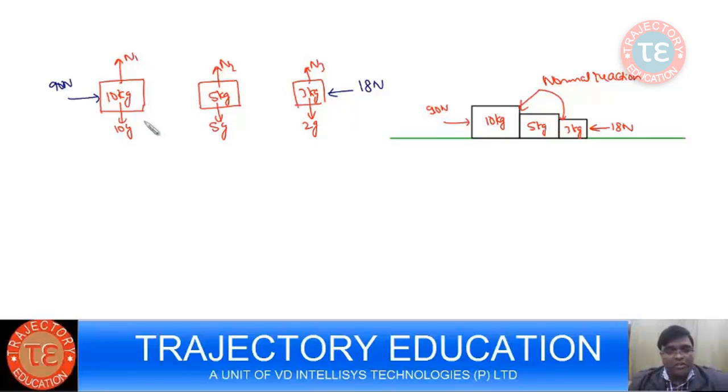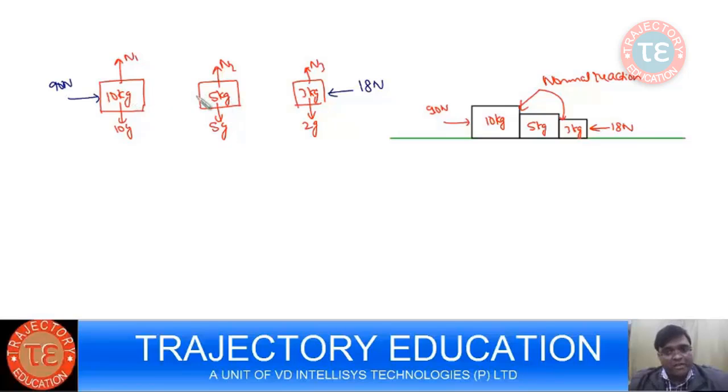Like mg is always there, and since the motion of all these bodies is constrained in the downward direction, you have the normal reactions. You have 90 Newton, which is quite visible. You have 18 Newton. Now, if this body would have been free, what would have been the acceleration? It could have moved with 9 meters per second square.